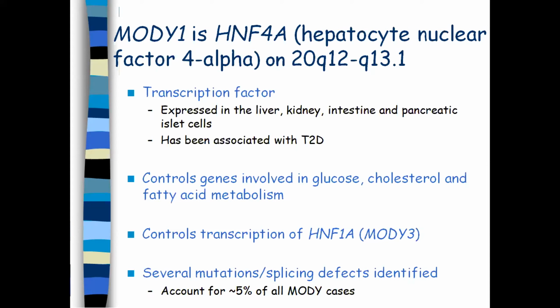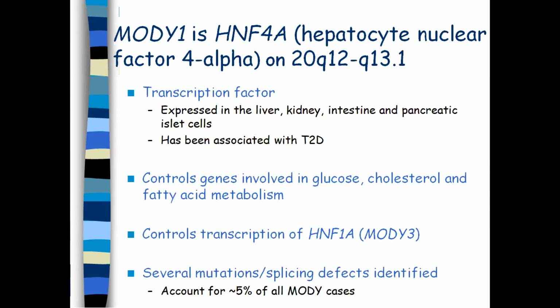So it mainly controls genes involved in glucose, cholesterol, and fatty acid metabolism. So this transcription factor will control genes which are involved in glucose, cholesterol, and fatty acid. So due to mutation in this transcription factor, there will be improper regulation of glucose, cholesterol, and fatty acid metabolism.